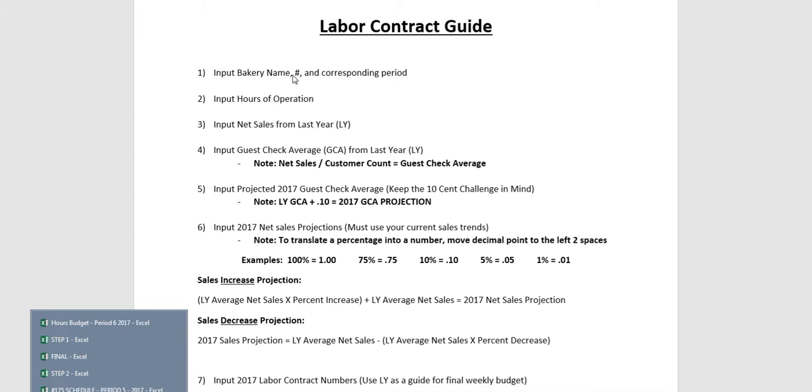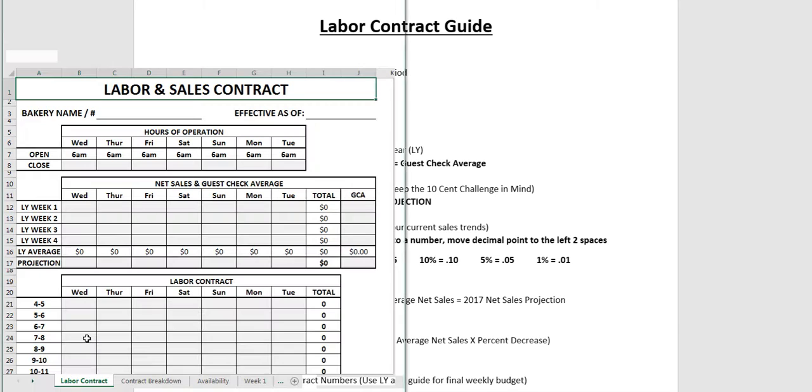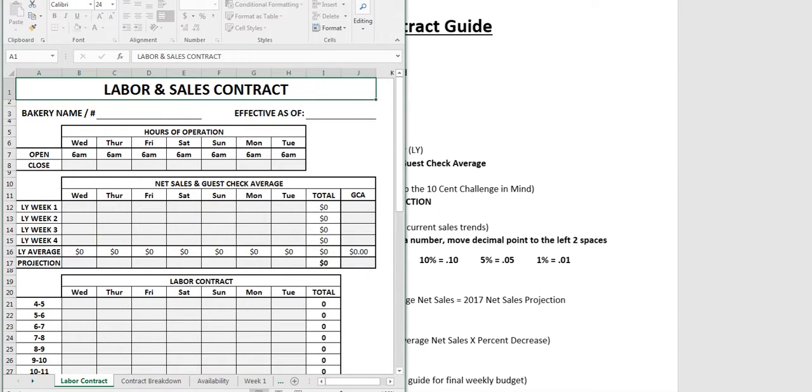So starting with this, first step, simple steps. Input the bakery name and number, corresponding period, and hours of operation. With that, this would be your blank labor contract. This is what you'll see when you get a schedule.